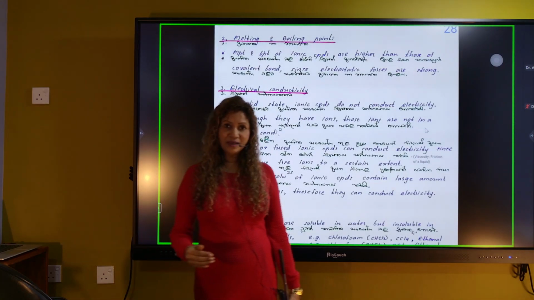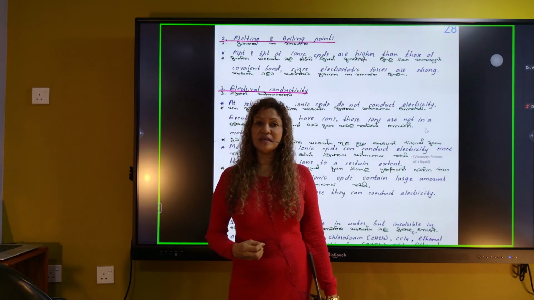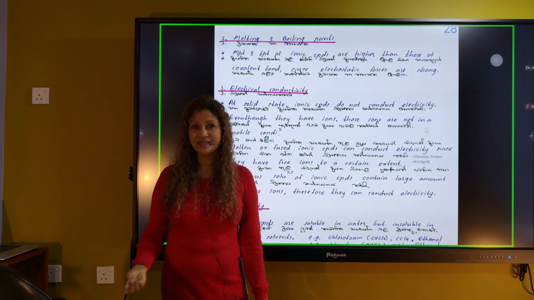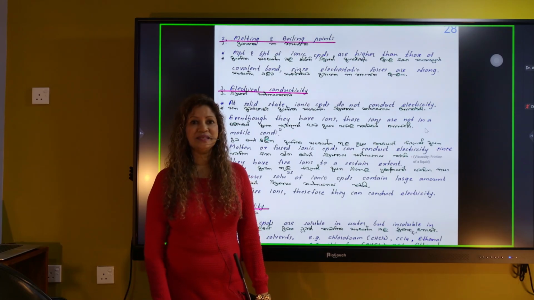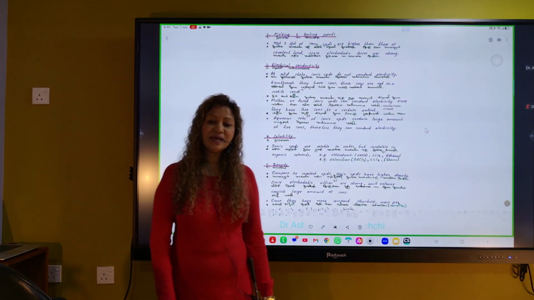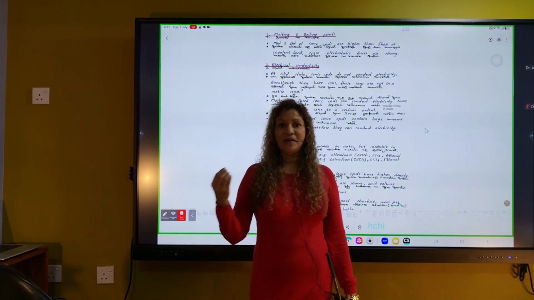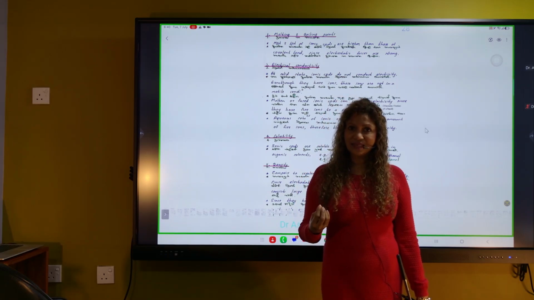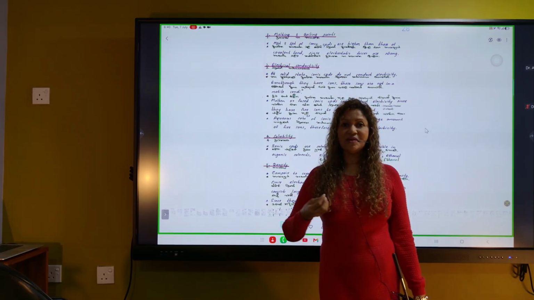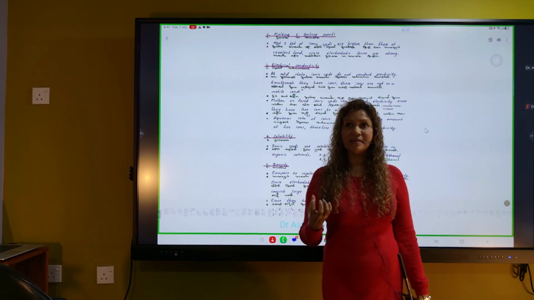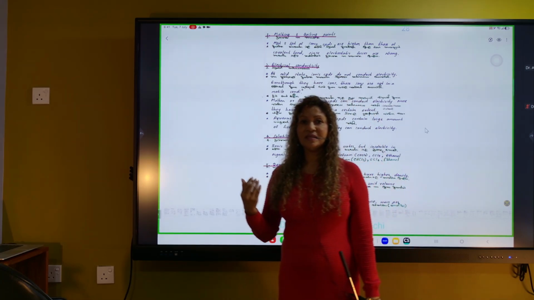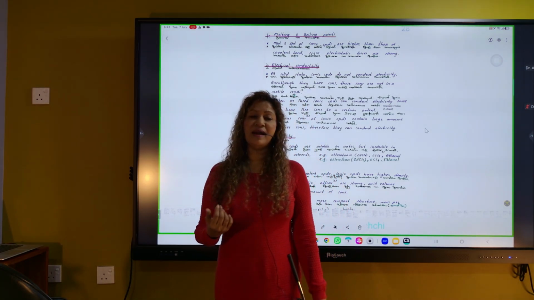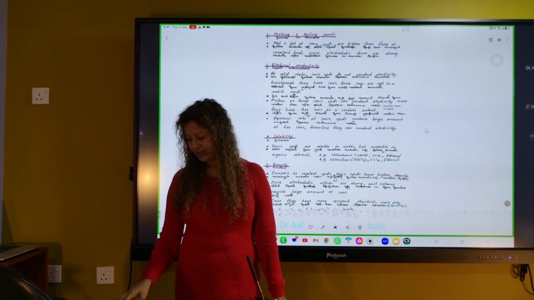For melting and boiling points, the electrostatic interactions are stronger, so the melting and boiling points are greater. The next one is electrical conductivity. They don't conduct electricity in the solid state, because they don't have mobile ions, but in the fused, molten or aqueous state, since they have mobile ions, they conduct electricity.